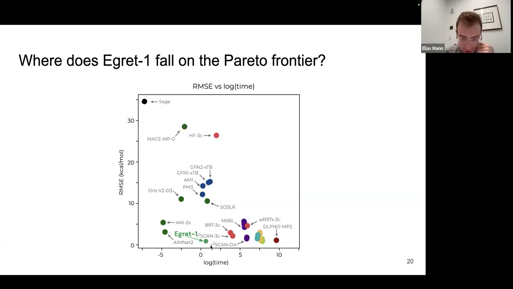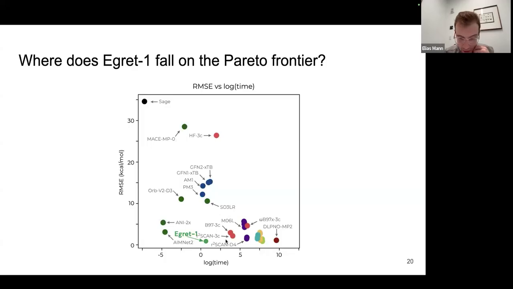It seems like anything in this quadrant is good, right? If you can get a model that's more like here, then that's pretty awesome. You can get much better than molecular mechanics at around the same speed.